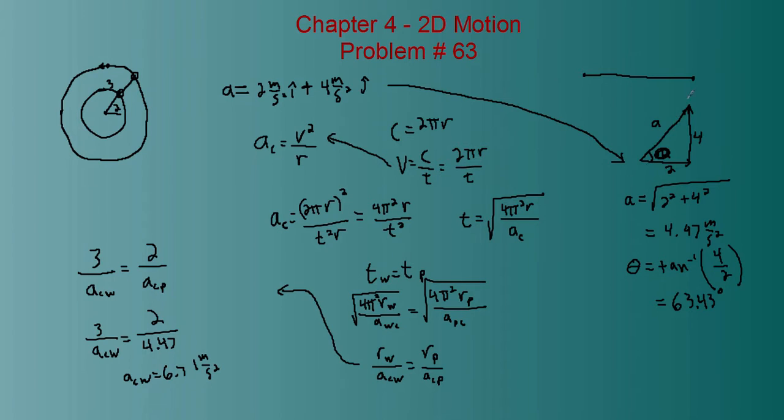So that's like the hypotenuse. We can break that up into components by doing cosine and sine. Just to save some time, you can trust me that 6.71 cosine of 63.43 is exactly 3, and 6.71 sine of 63.43 is exactly 6.